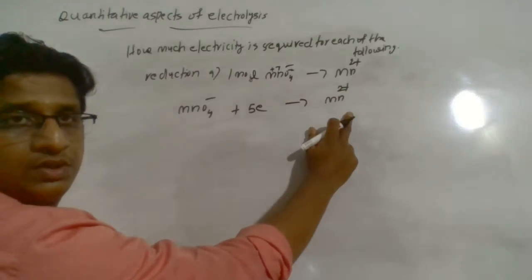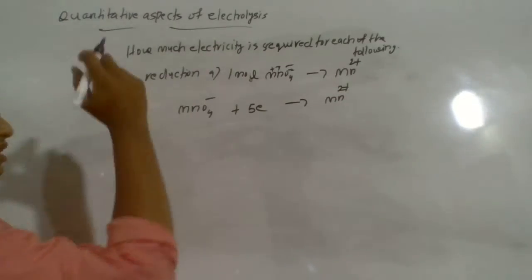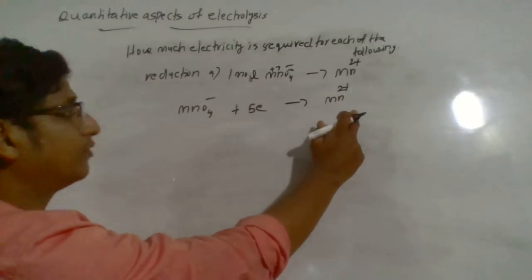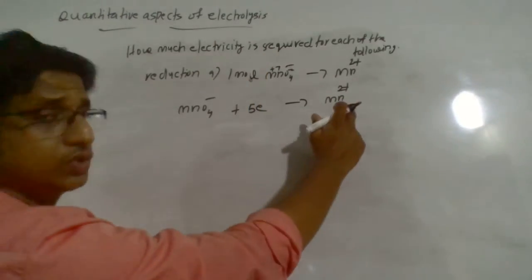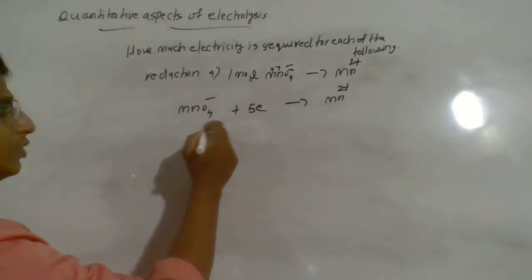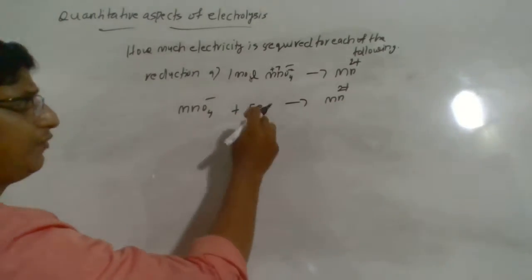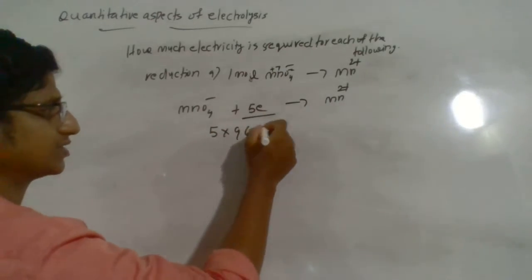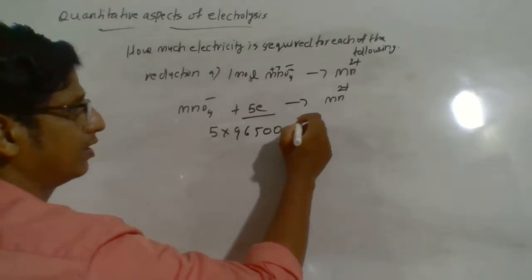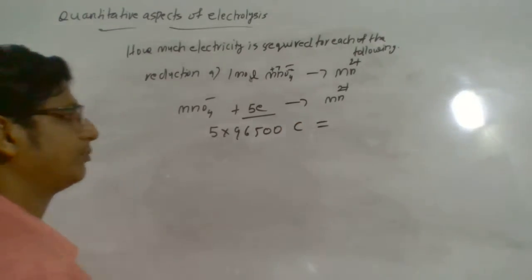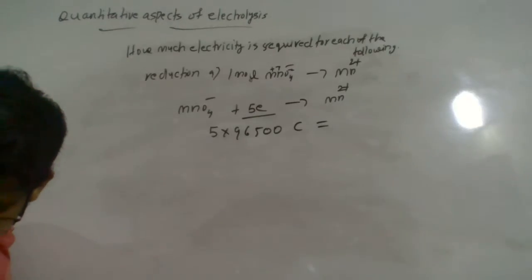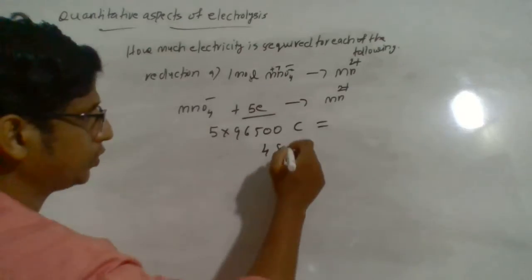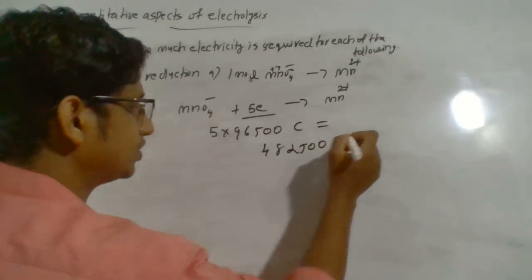So for this reduction from 1 mole of MnO4 minus to 1 mole of Mn2+, you require 5 Faraday electricity. So 5 into 96500 coulomb electricity is required. If you calculate it, you will get 482,500 coulomb.